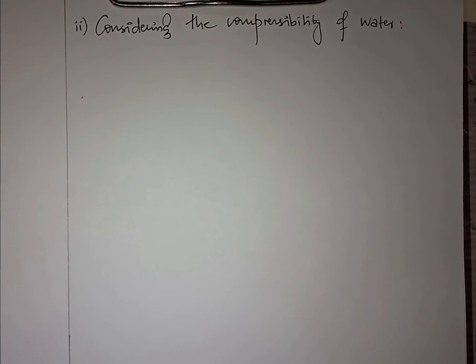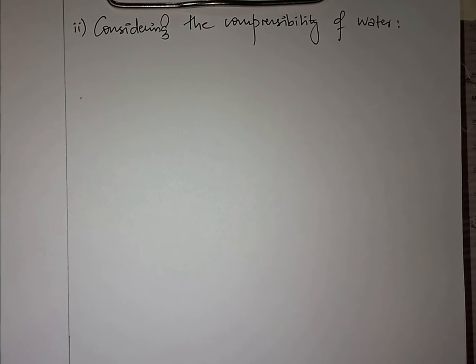In this case, he has given us the modulus of compressibility, or I can call it bulk modulus. What he is trying to tell here is there is already some water inside the cylinder which is at atmospheric pressure.